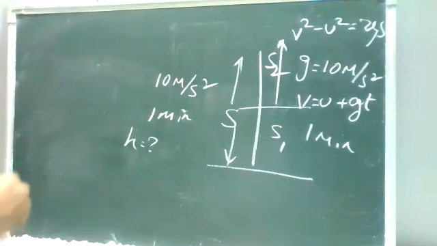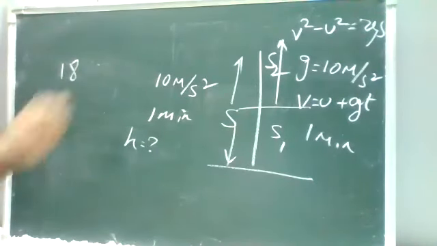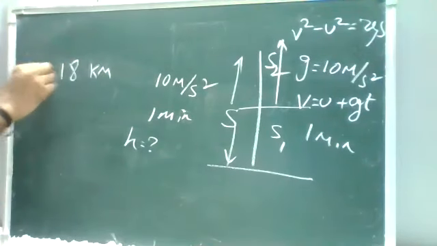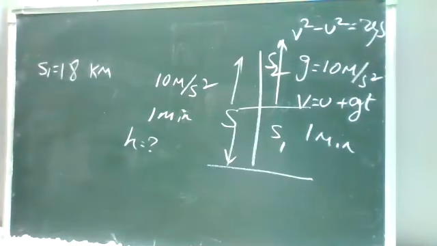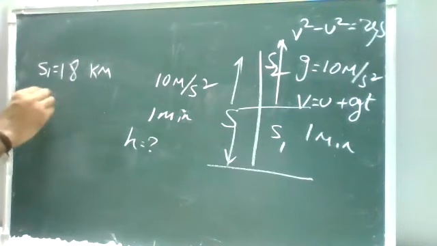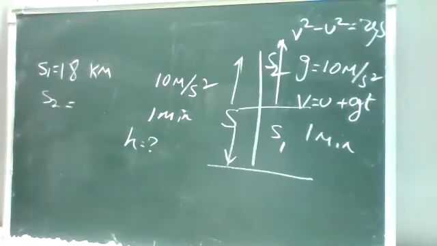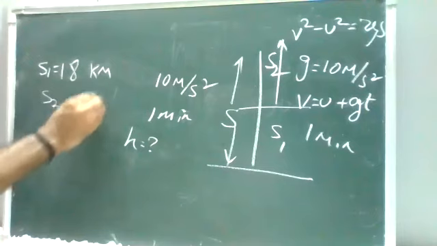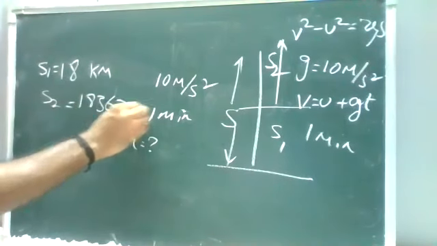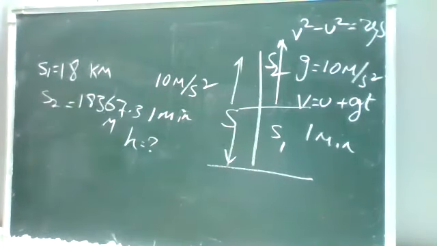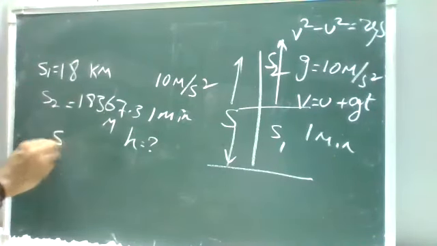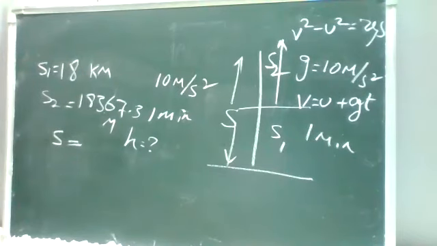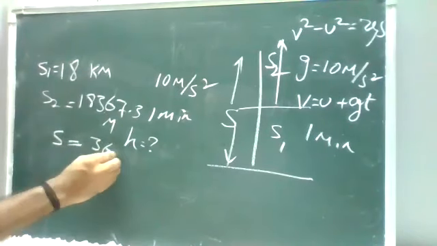Displacement S1 is 18 kilometers, and displacement S2 is 18367.3 meters. The total displacement between these two is 36.4 kilometers.